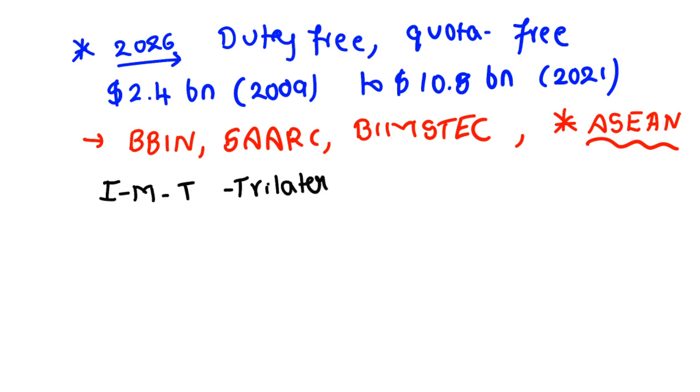So this trilateral highway could become a quadrilateral highway if Bangladesh joins the project. And India-Bangladesh bilateral waterway trade will get boosted, as India can now use the Mongla and Chittagong ports of Bangladesh. This is also important, right?